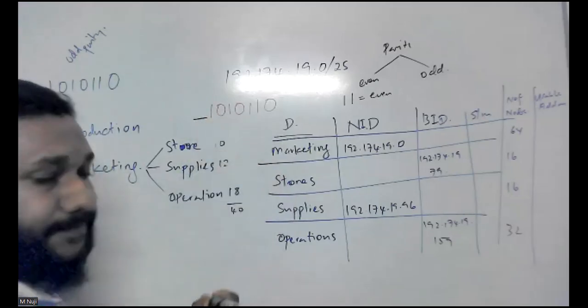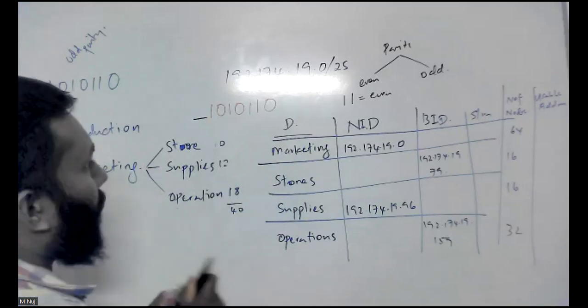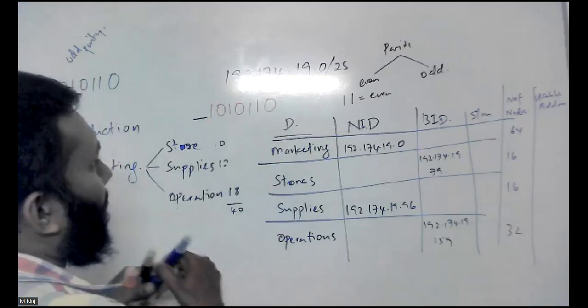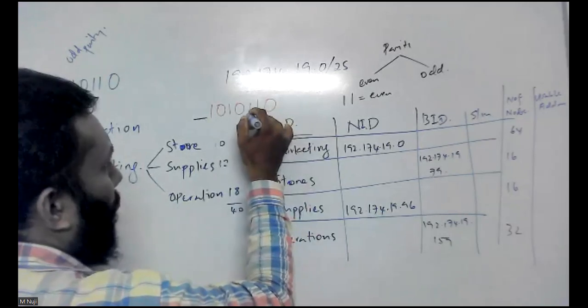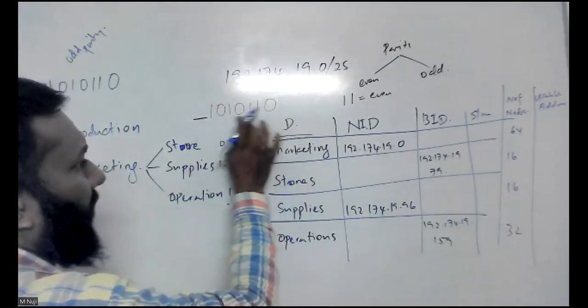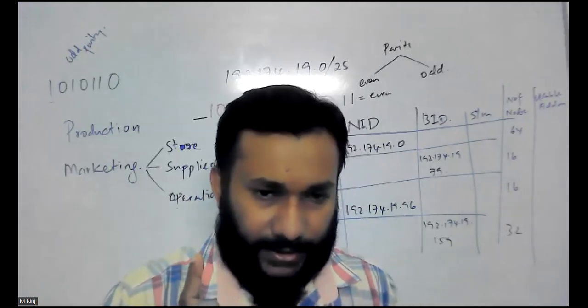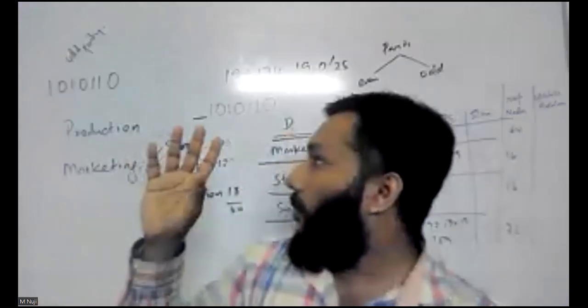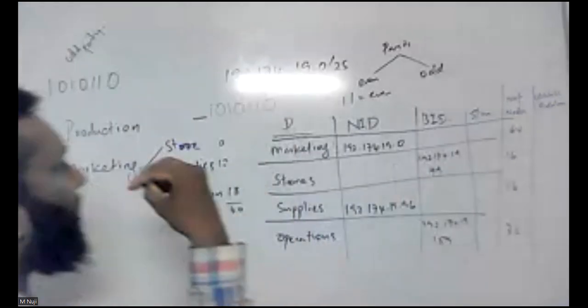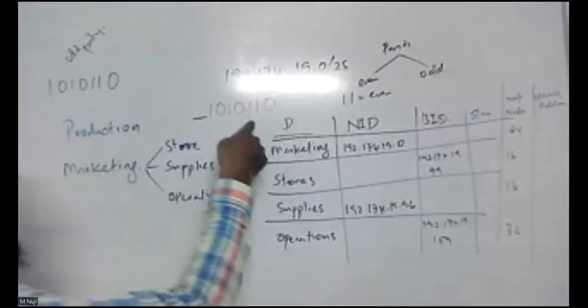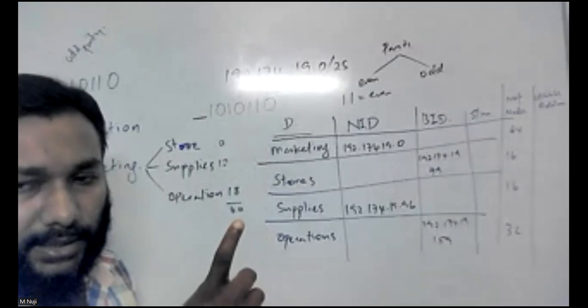Your first one. So what is the number here? 1, 2, 3, 4. So we have 4 ones altogether. Now they are asking about the odd parity. Now this is not odd parity.